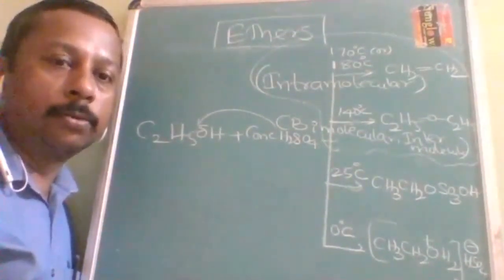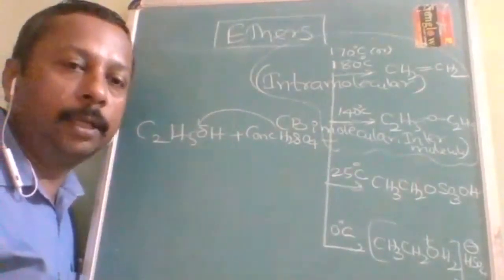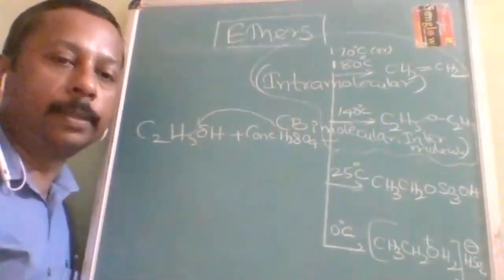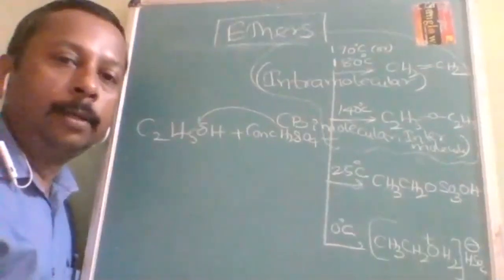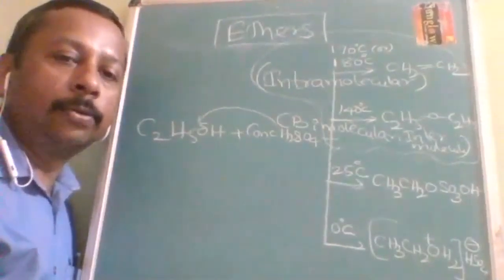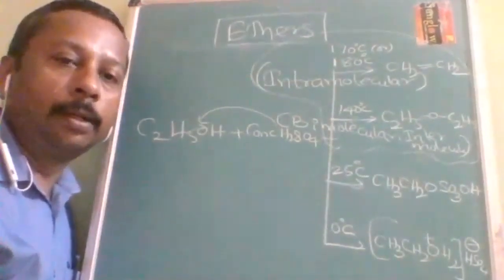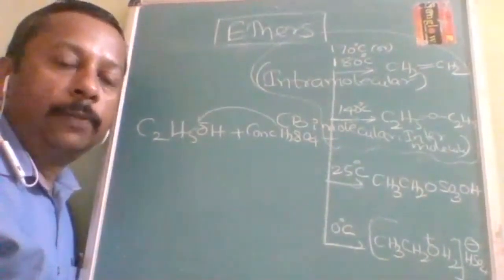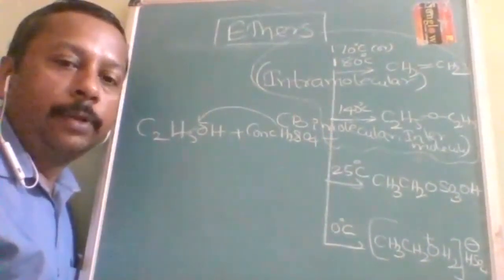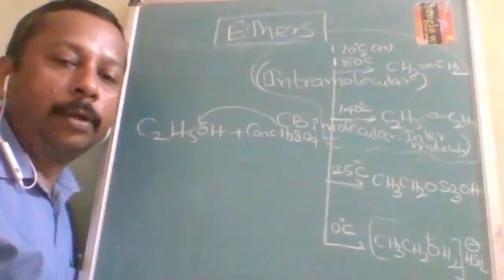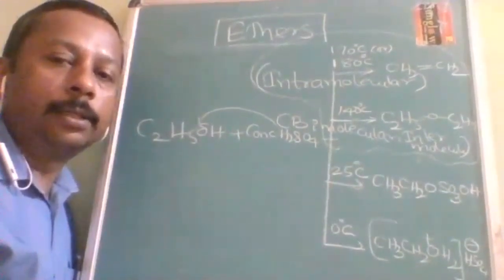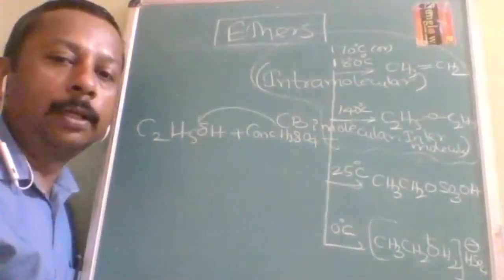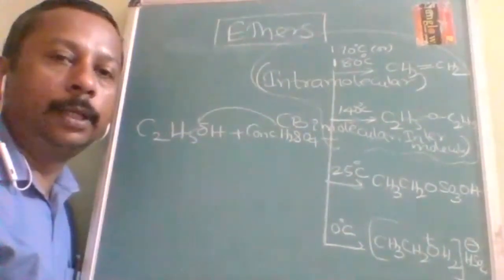I think it is understood. The role is the same if I change to Al2O3; the purpose is the same, only the temperature may change, so there is no need to worry much about Al2O3 if you are perfect in concentrated sulfuric acid. Now we are going to start with the bimolecular, intermolecular dehydration of alcohol to give ether.